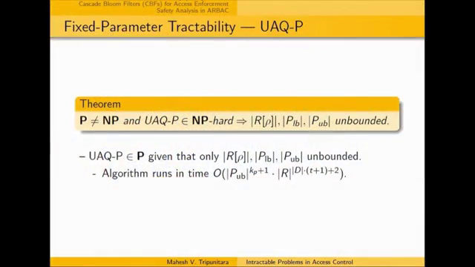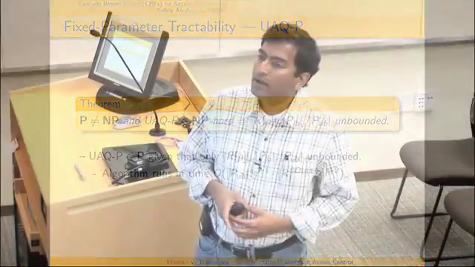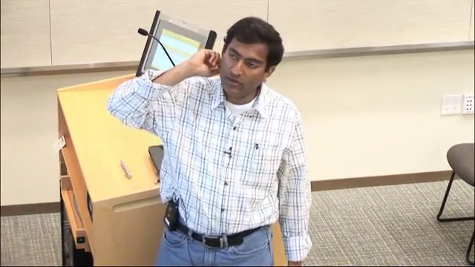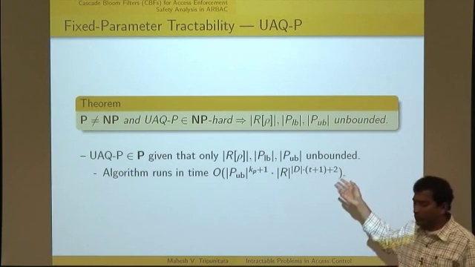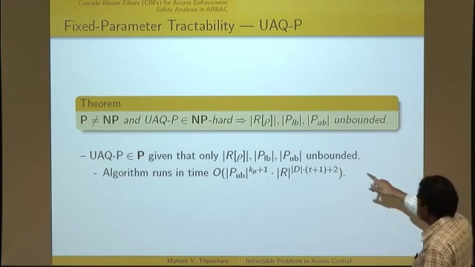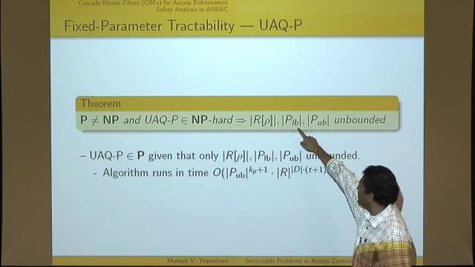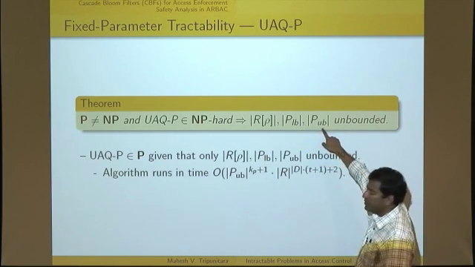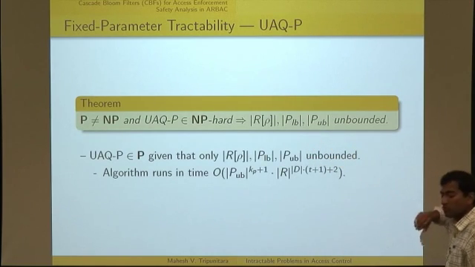So here's an example of a result. Of course we assume P is not equal to NP. Then basically we have a necessary condition for UAQ-P to be intractable, which is that these 3 parameters have to be unbounded. So if any of them is bounded, then we know that UAQ-P is in P. This is slightly overstated because if PLB is unbounded, then we know that PUB is unbounded, because the PUB is a superset of PLB, right?